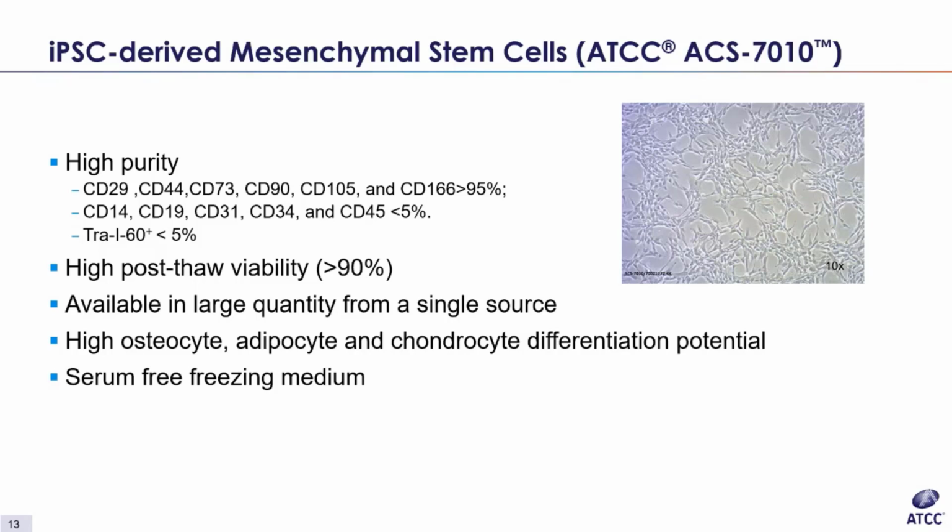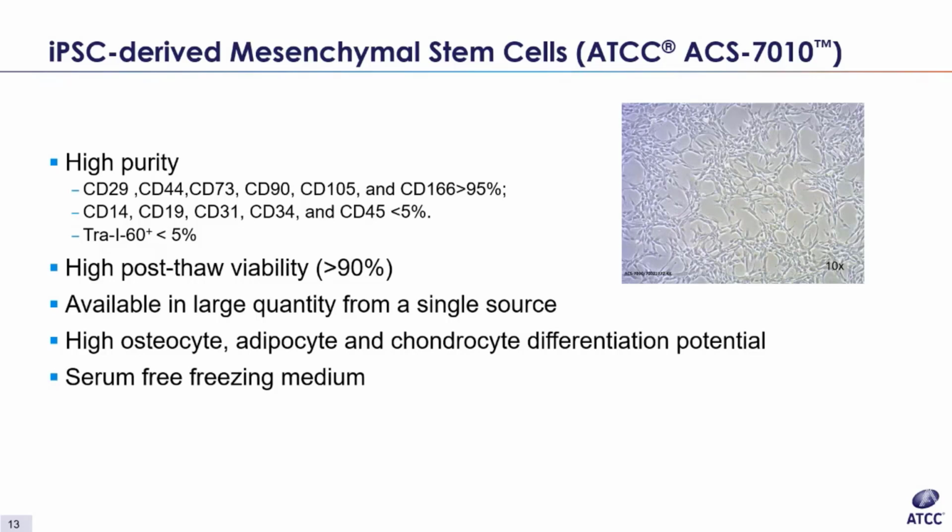Less than 5% of the cells are negative for CD14, CD19, CD31, CD34, and CD45. In addition, less than 5% of the cells are positive for the iPSC marker TRA160. Now, these cells do exhibit high post-thaw viability at greater than 90%.